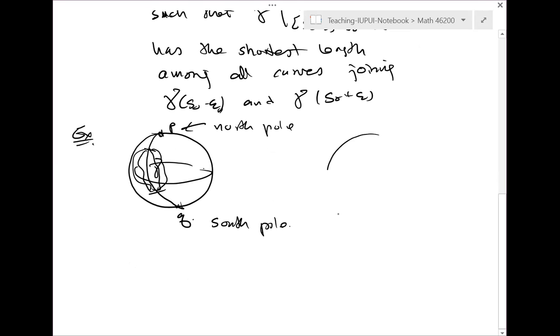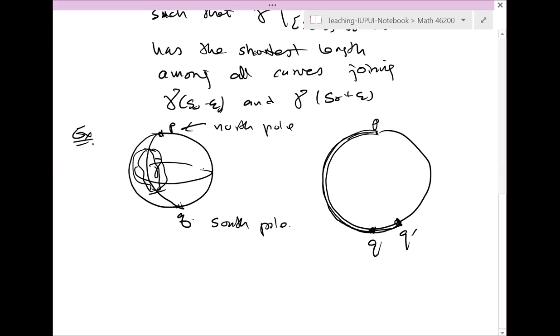But if you look at the point P here on a great circle, starting from here all the way to here, passing the south pole, that part of the great circle is still called a geodesic, but it does not have the minimum length. The reason is you can go around the other way. From here to here, there's another one even shorter than this portion of the great circle.